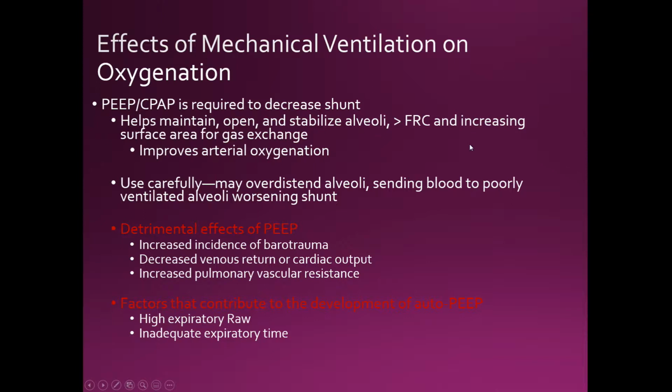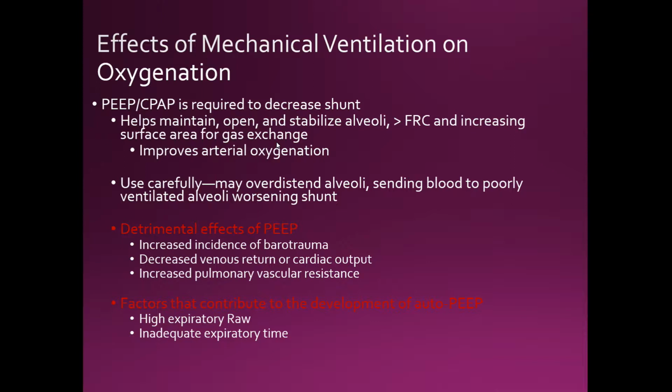It increases your FRC and increases surface area for gas exchange, because it opens up the majority, if not all, of your alveoli. And when you do have some shunting, let's say it's a 50% shunt, let's just say for the sake of example, you have 50% of your alveoli that are closed and 50% of your alveoli that are open. That would give you a 50% shunt.